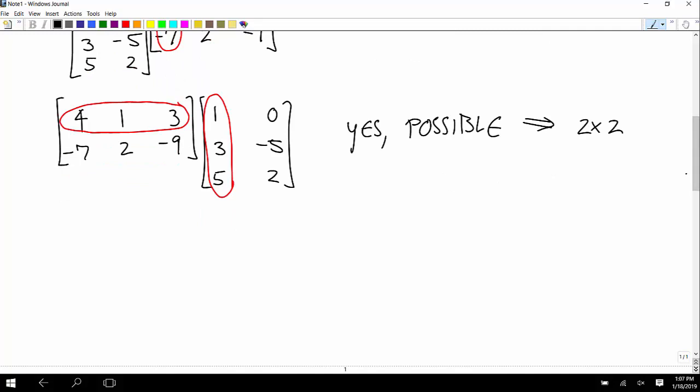But if we made up one, let's say we had a matrix 1, 6, 1, and a matrix 2, 0, 1, 1, 1, 2.